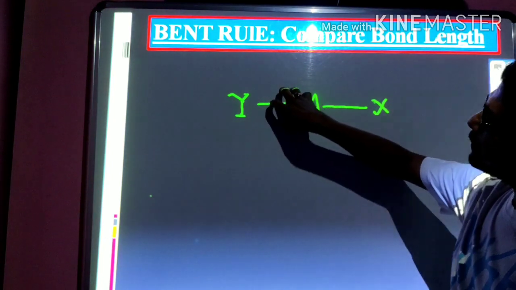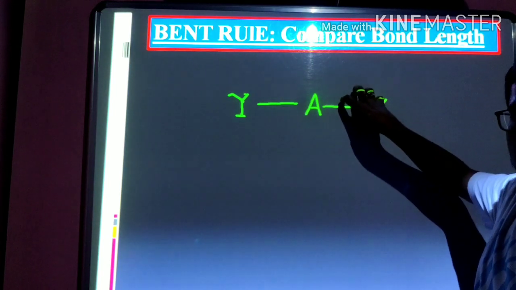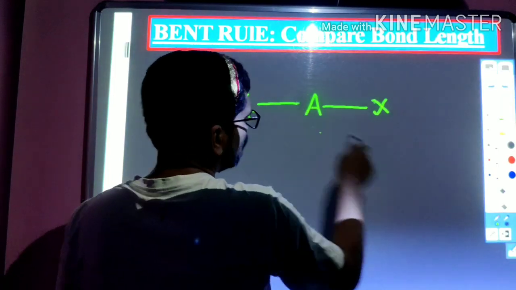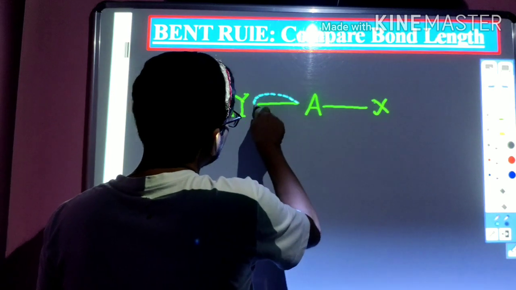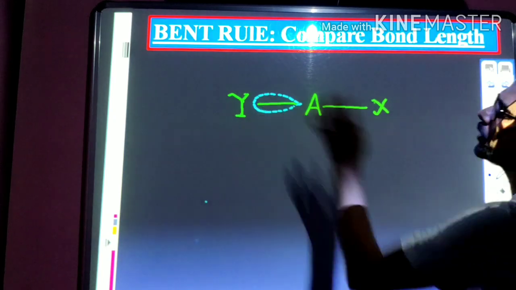So it has some percentage of S character here. It has also some percentage of S character here. Okay, let me draw the orbital like this. This is the hybrid orbital. Pay attention over here.